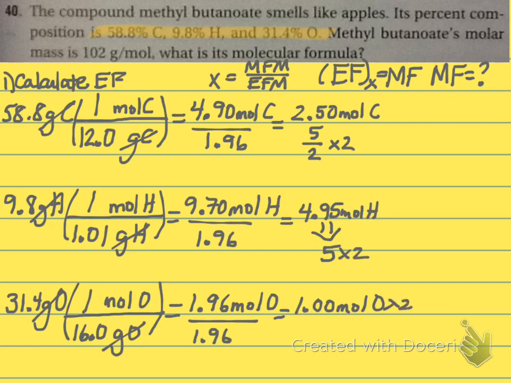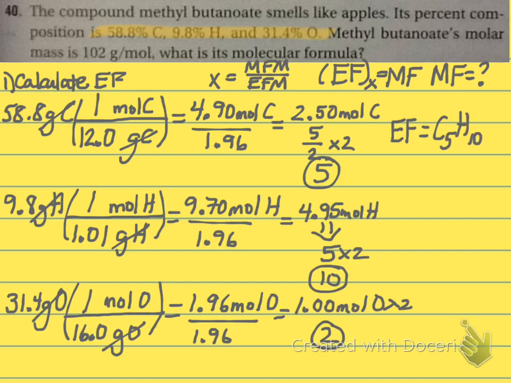So now I have 5, 10, and 2. So that means that my empirical formula is C5H10O2.